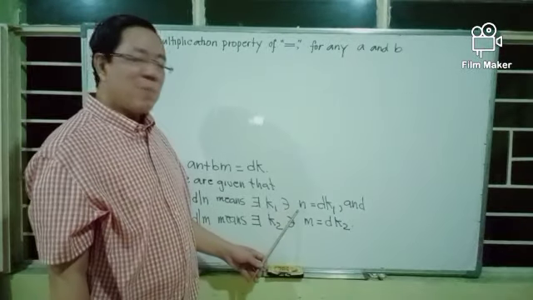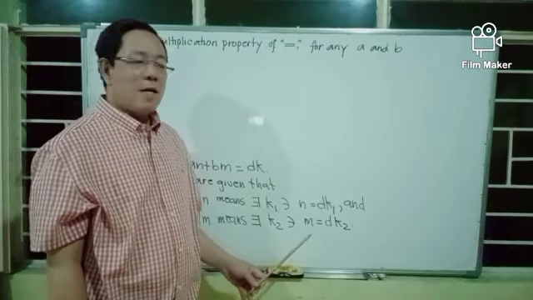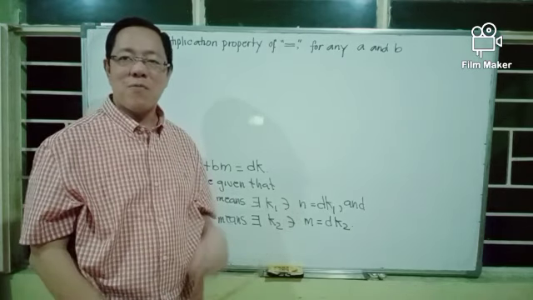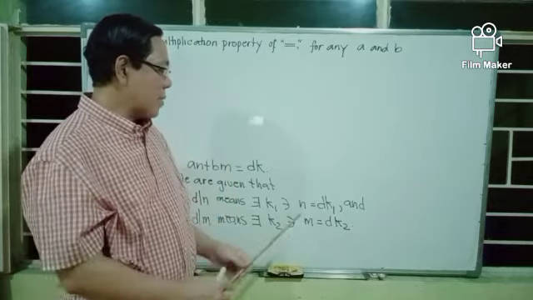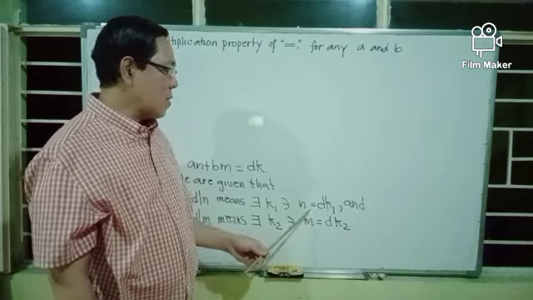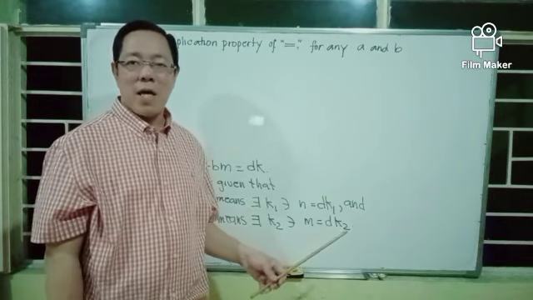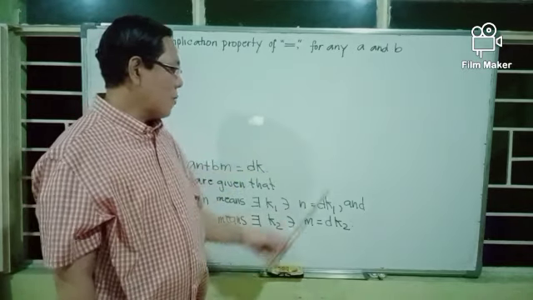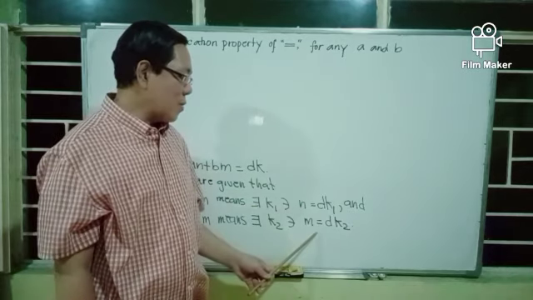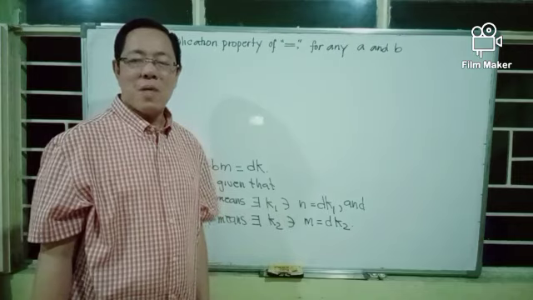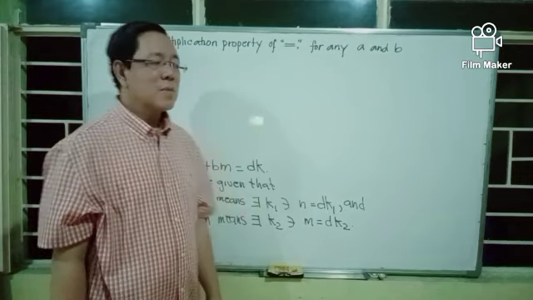Continuing, we will make use of these two equations, and we will make use of the multiplication property of equality. I will multiply the equation n equals d k1 by any integer a, and I will multiply the second equation m equals d times k2 by an integer b, where b is any integer.